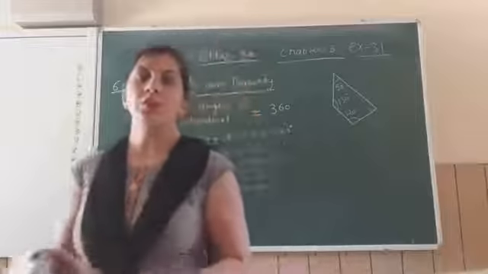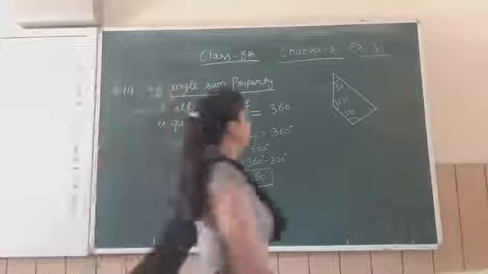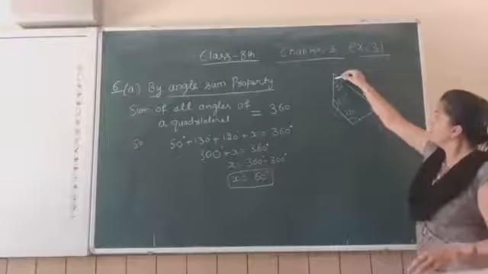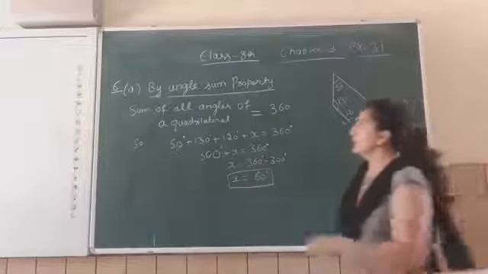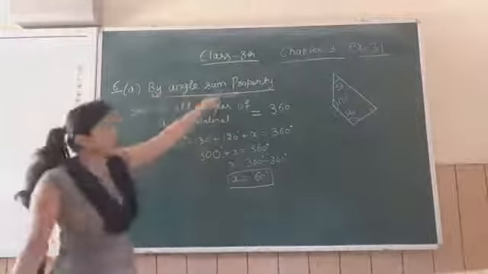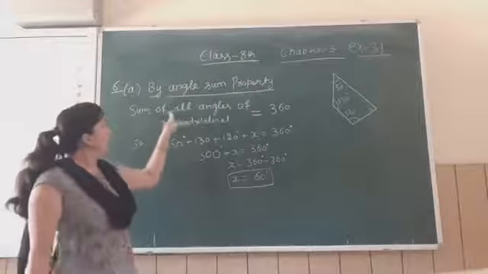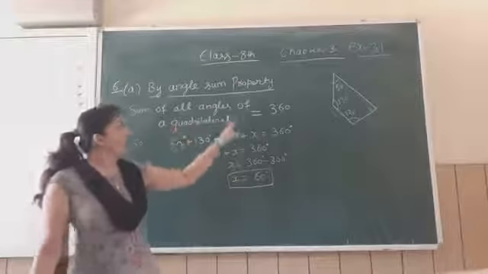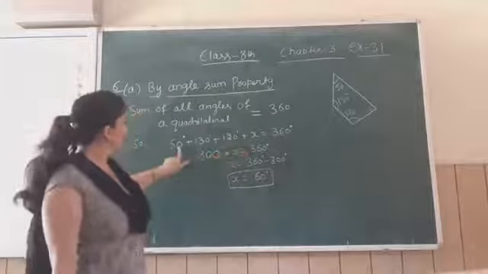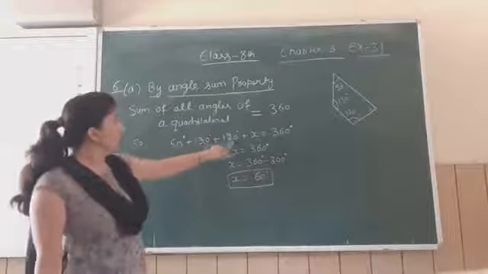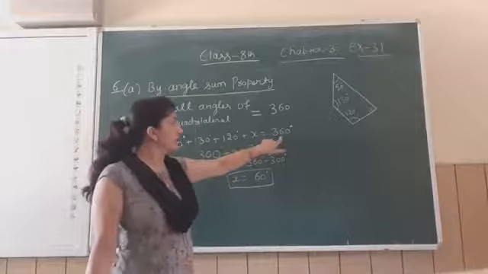Now the sixth question, we have the given figure. In the figure, the angles are 50, 130, 120, and we have to find x. By the angle sum property, we know that the sum of all angles of a quadrilateral is equal to 360 degrees. This is a quadrilateral, so 50 plus 130 plus 120 degrees plus x is equal to 360.